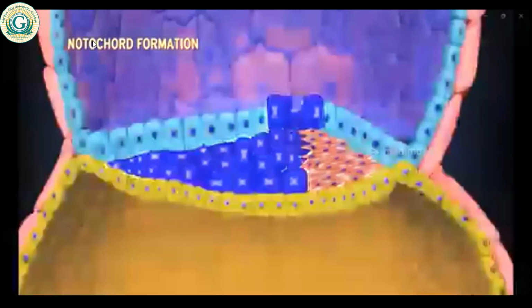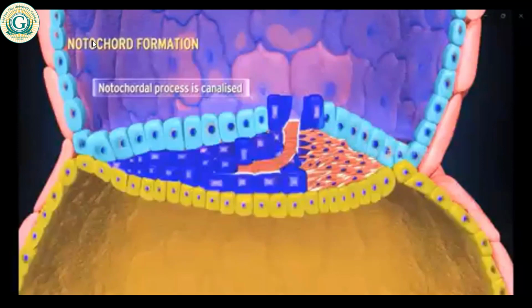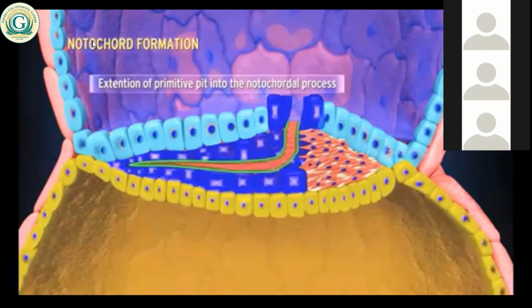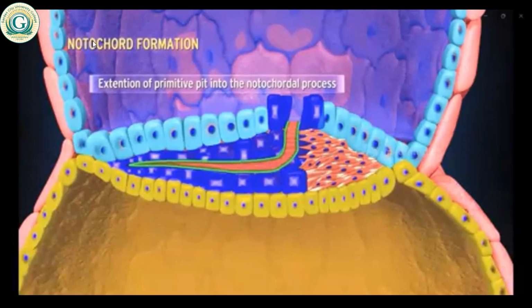Soon, the notochordal process is canalized to form the notochordal canal by the extension of the primitive pit into the notochordal process.